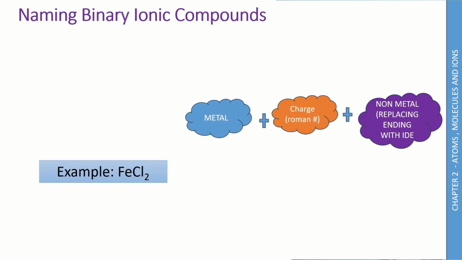So let's name binary ionic compounds. We know that ionic compounds are metal plus non-metal. How are you going to write down the name? The first thing to remember is a compound you know, an ionic compound, that will bring to mind the rules of the nomenclature without memorizing.